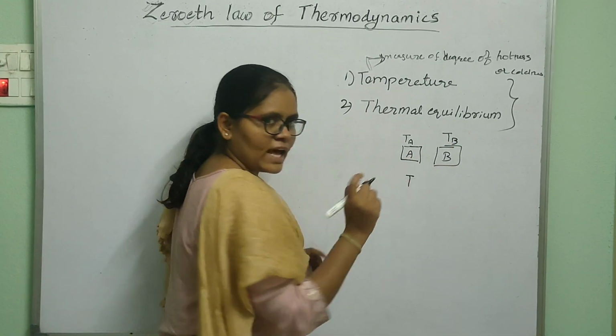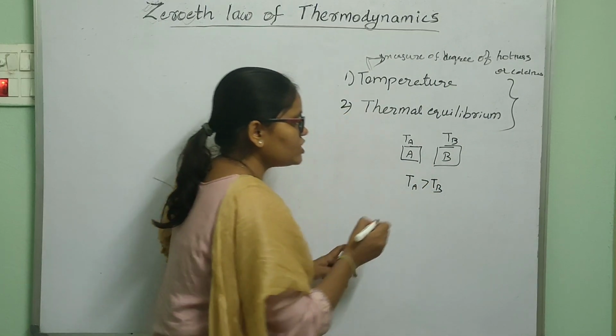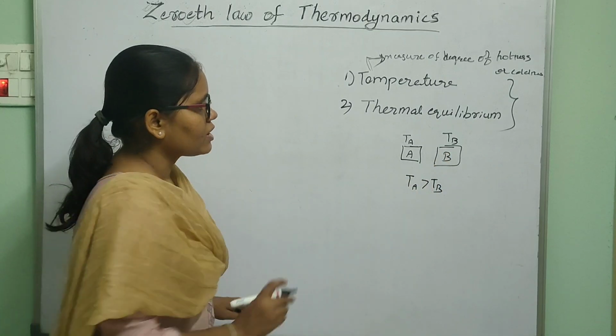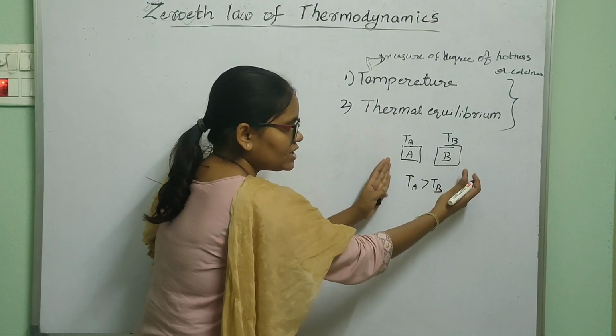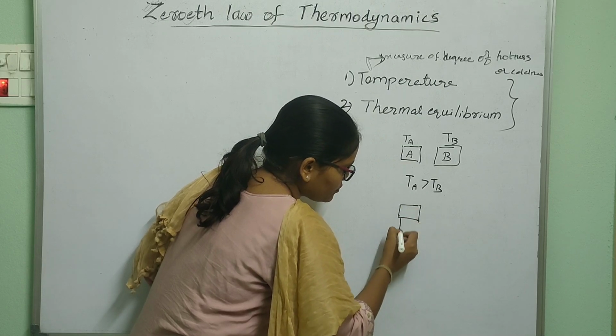Now suppose that TA is greater than TB, that means the temperature of A is greater than the temperature of object B. Now when I bring A and B in contact with each other, what will happen?